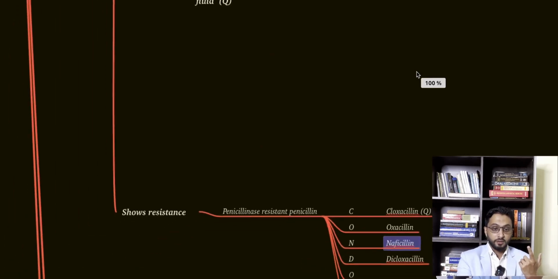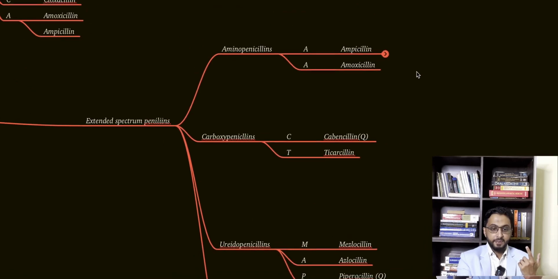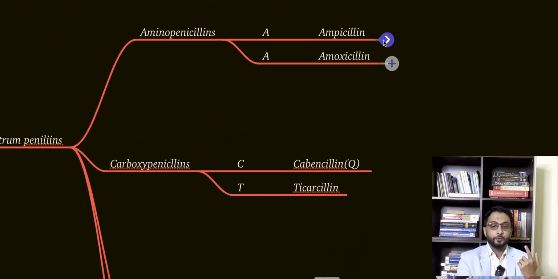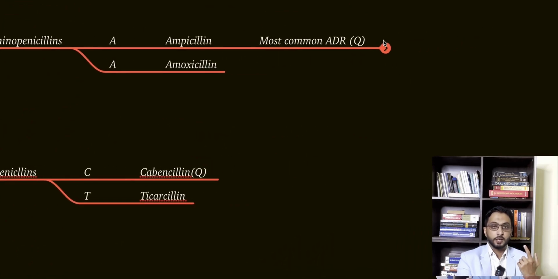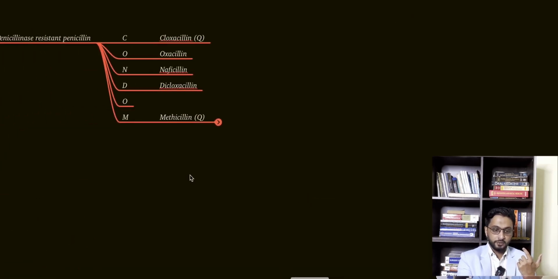One thing I missed out was ampicillin. We studied the aminopenicillin ampicillin. A very important question asked: which is the most common adverse effect of ampicillin? It's diarrhea. Please note that, a point I missed out there.